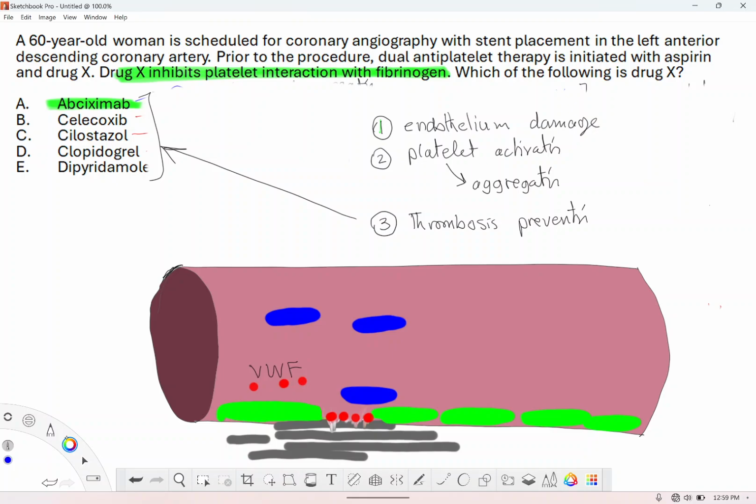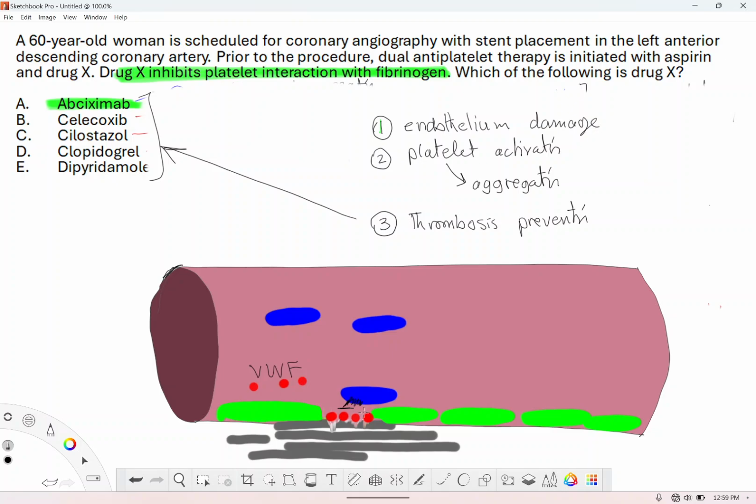This platelet bursts. Let's say this platelet gets damaged. It's going to release its content. So when this platelet releases its content, it gets activated, and then it'll express glycoprotein 1b on its surface. And 1b can then attach to VWF.